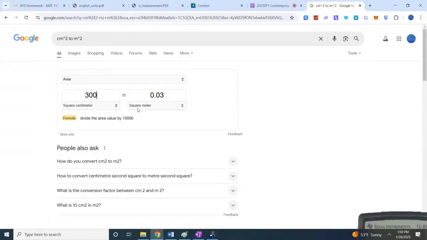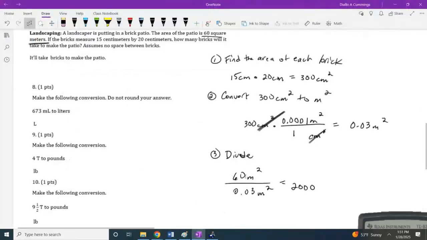So it'll convert 300 square centimeters to 0.03 square meters. But then you'll have to go back and divide 60 by 0.03 to get that 2,000 brick answer. All right. So I believe the only thing you can do here is just convert the square centimeters to square meters. All right. But the brunt of this problem is done by these hand calculations.